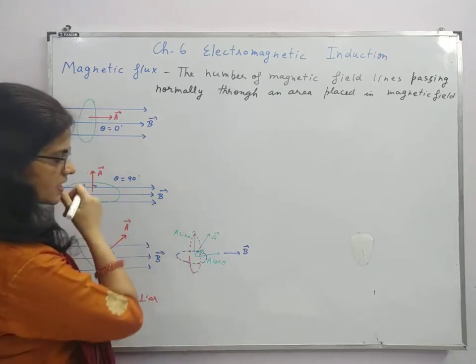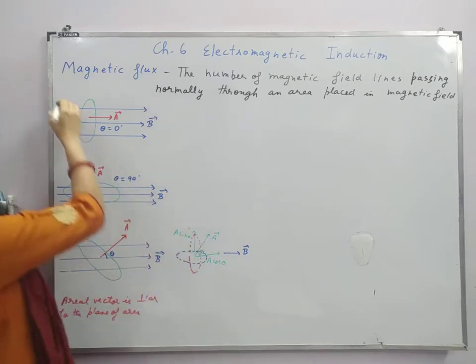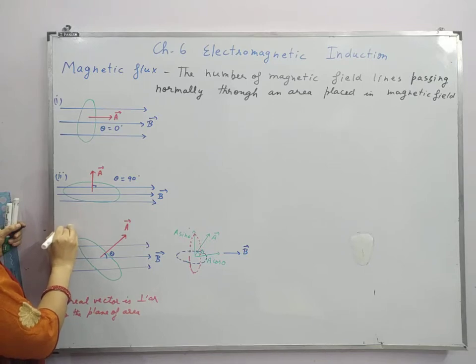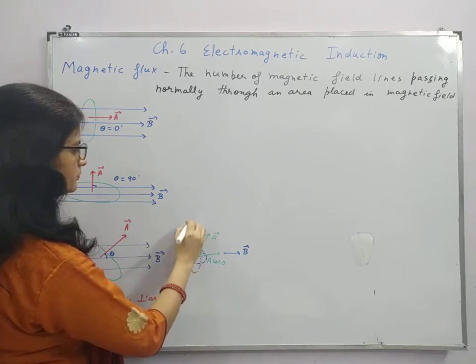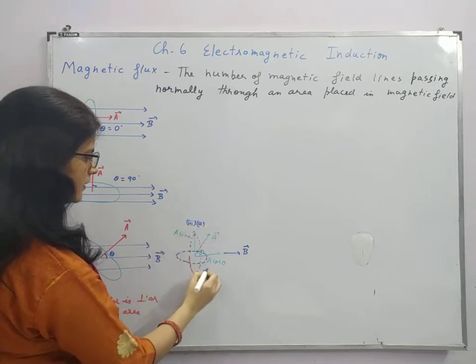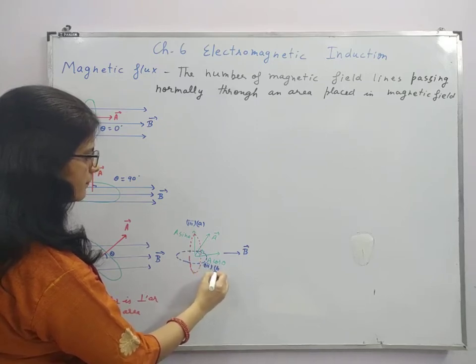So in this case, I'll mark this as first, this as second, this as third, and this as third A, and this case as third B, right?